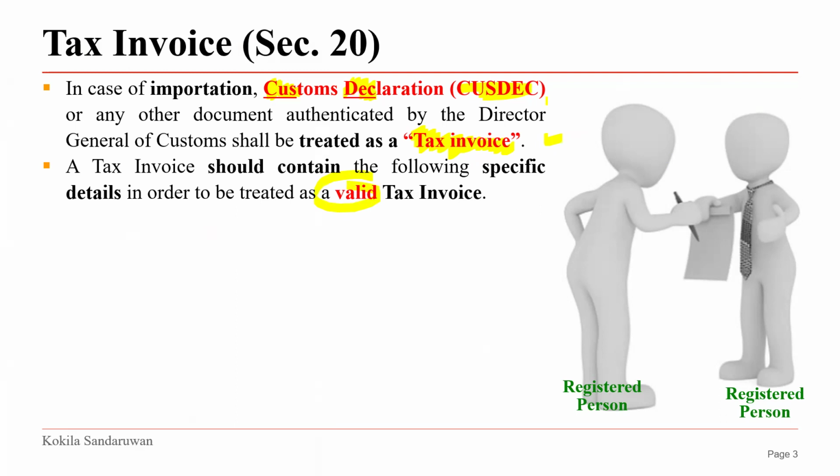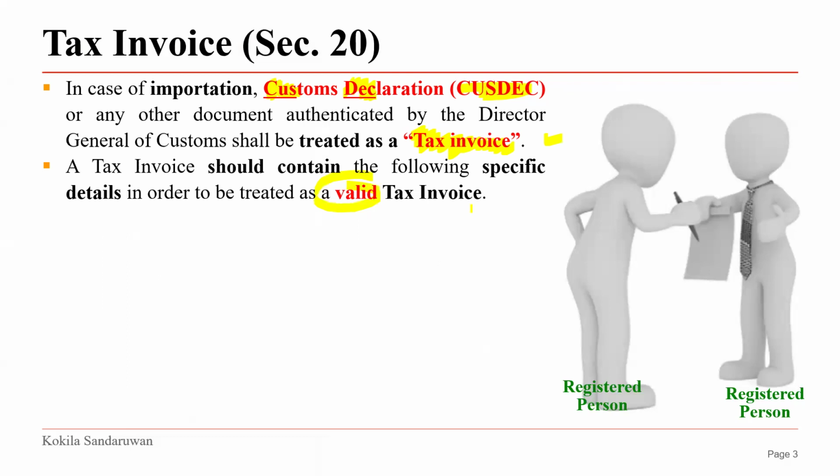So in the case of a tax invoice, in order to be a valid tax invoice, there are few criteria you need to meet. Otherwise you can't claim the tax invoice, right? If these criteria are not available in the tax invoice, you need to be very careful when you are claiming, whether those criteria are met, right?